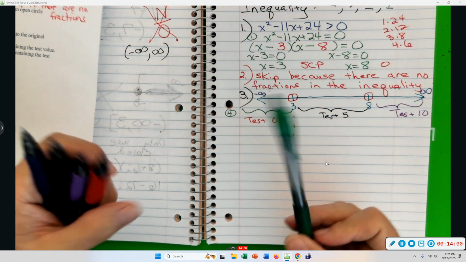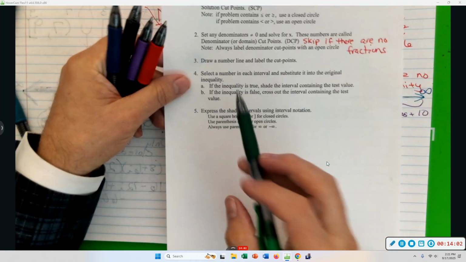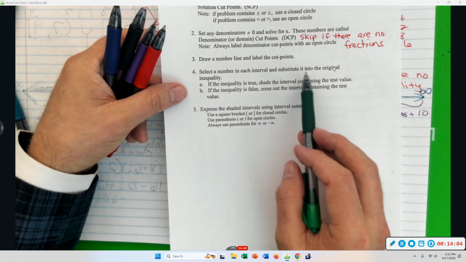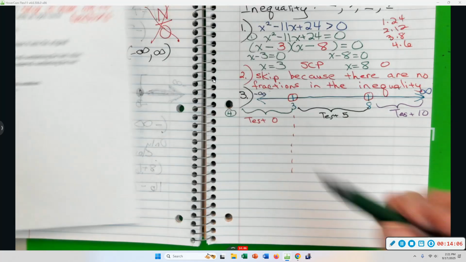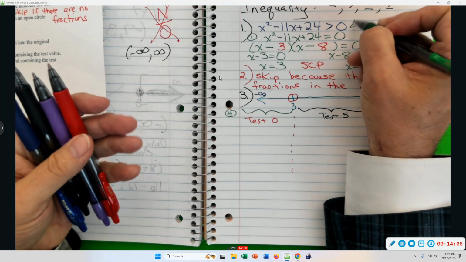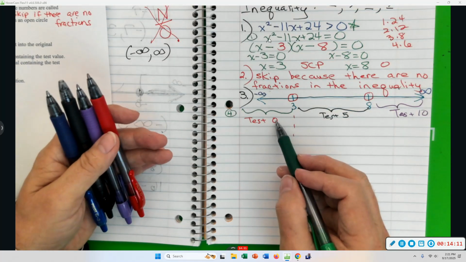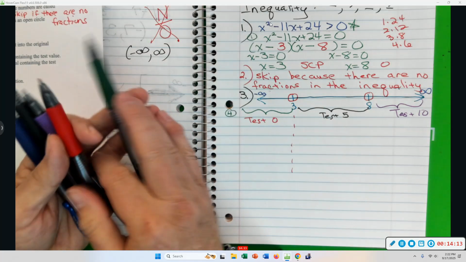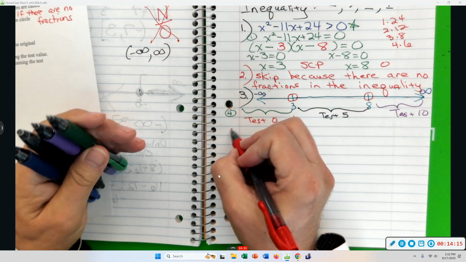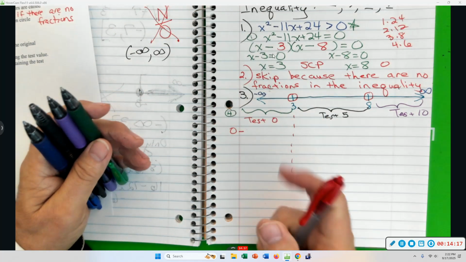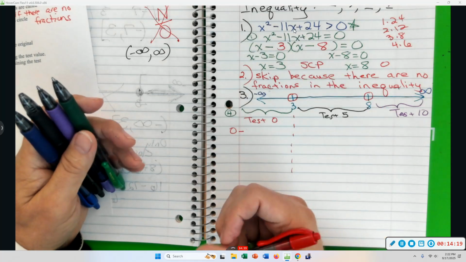Here we go. Notice how it says, select a number in each interval and substitute it into the original inequality. You're plugging it in right here. Plugging in a 0, you get 0 squared, which is 0, minus 11 times 0. What are we going to get?